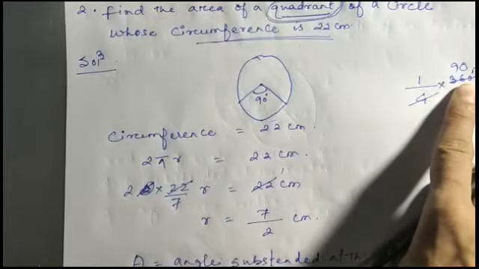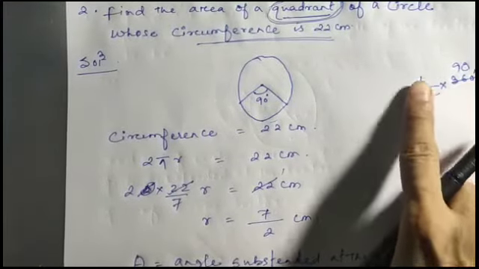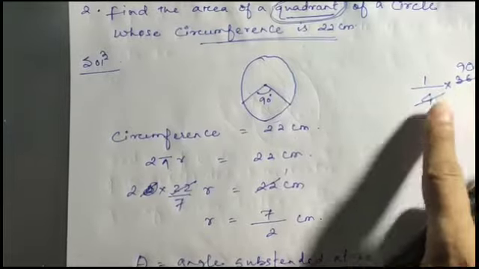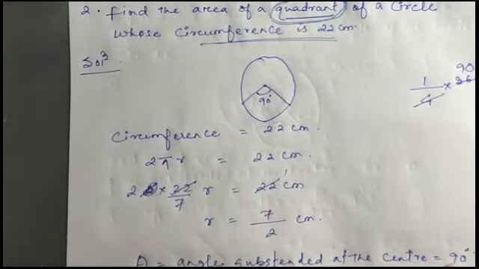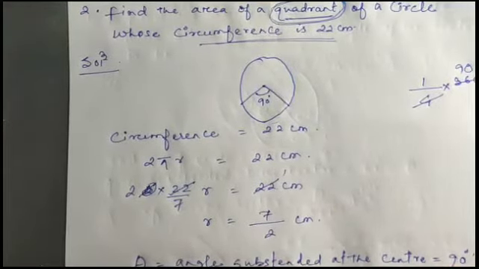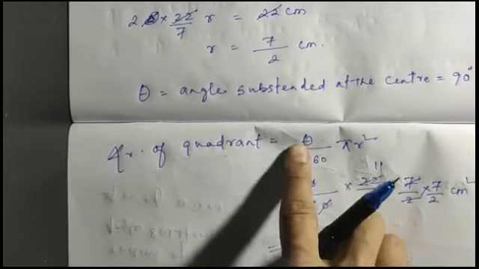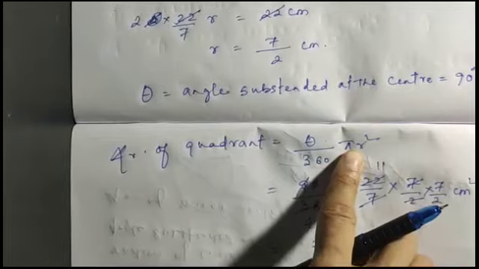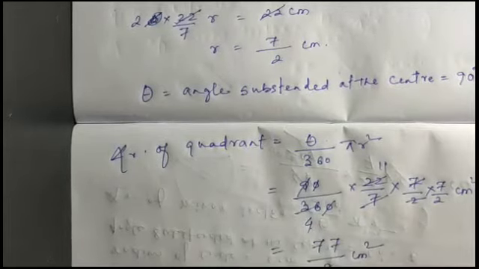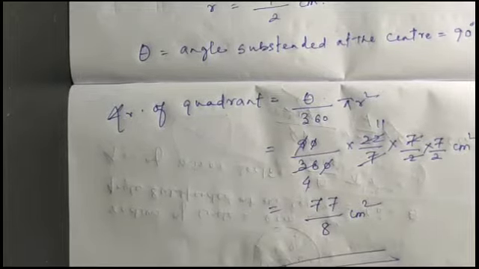When the circle angle is 360 degree, 1/4 of 360 is 90 degree. So that's why the angle subtended at the center is 90 degree. So the area of the quadrant formula, that is the minor sector formula, is theta by 360 pi r square. Putting the values we got the answer. Let's see the next question.